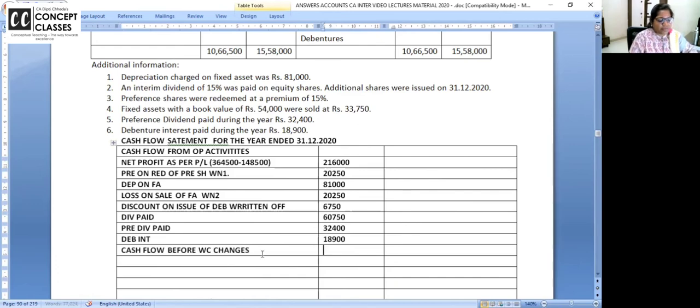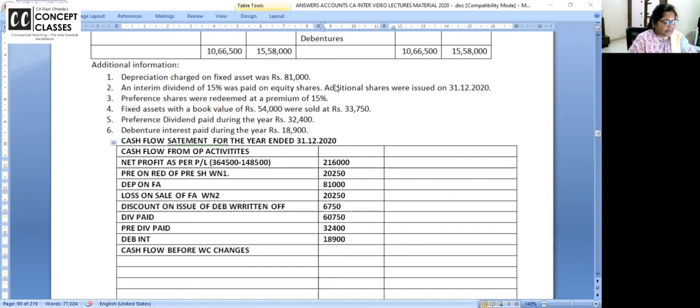So that I can give effect of creditors and debtors and all. How much are you getting as the answer? Everything is add. Today nothing is deducted. If it is deducted, what did we do? We wrote it in brackets.